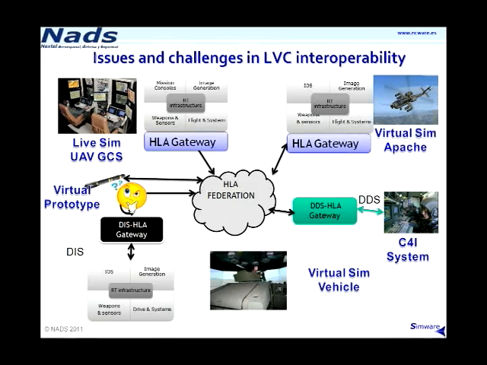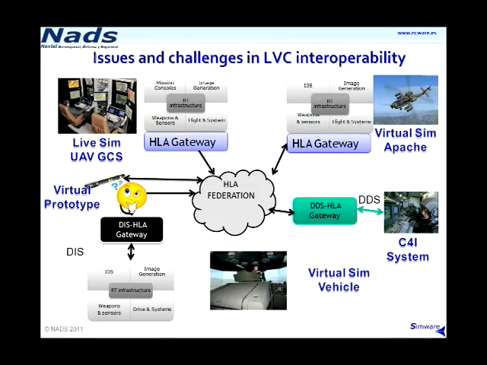Technically, the request seems easy because it is affecting only one module of the Apache and UAV simulators, the Hellfire simulation model. But the gateway-based solution for interoperability makes it very difficult to implement because the Apache and UAV simulators are not open.